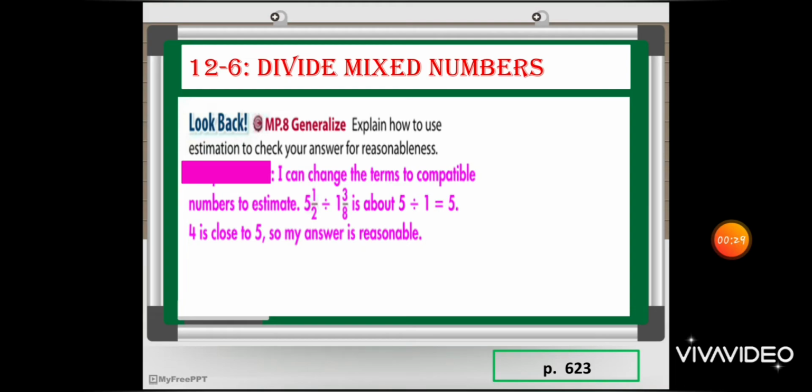For example, the one that we have solved on the upper part, we can estimate 5 and 1/2 to 5 and 1 and 3/8 to 1. So 5 divided by 1 is 5. Looking at our answer, that's 4. Is 4 close to 5? Yes. Therefore, our answer is reasonable.